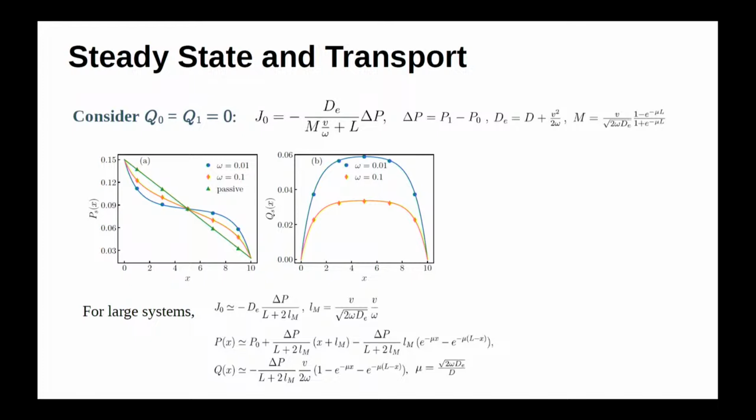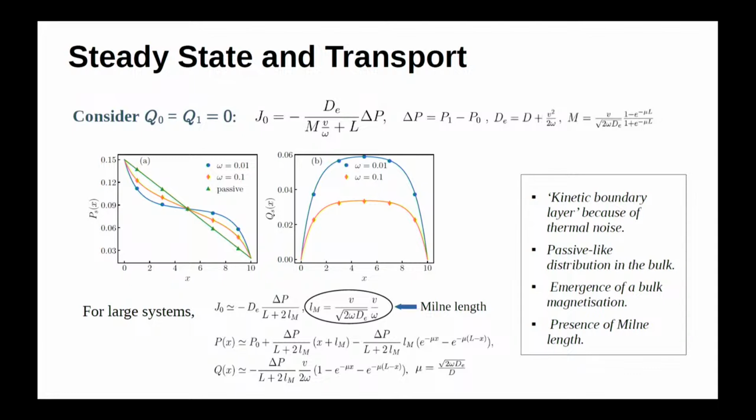And one interesting thing is that the length that appears in the current is effectively increased by some amount, and it turns out that this is exactly equal to the Milne length. We will see later why this is the Milne length, but it appears in the steady state also. So this is one kind of summary for the steady state with this particular boundary condition.